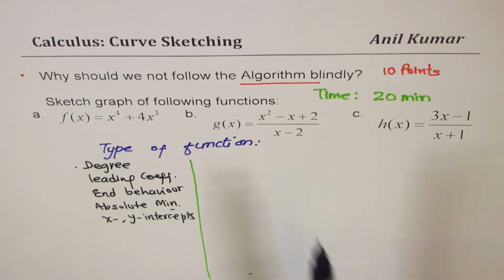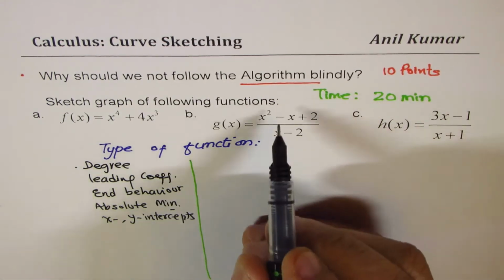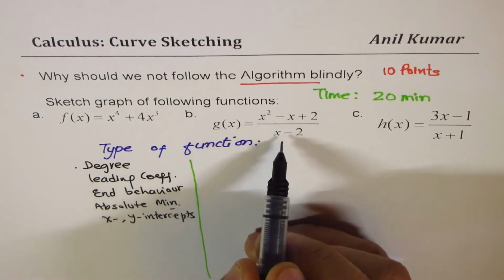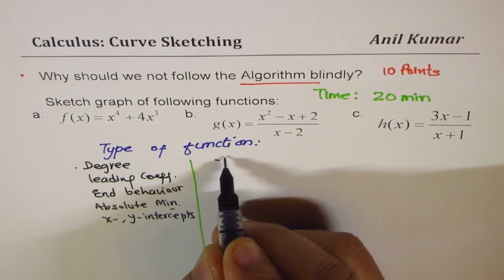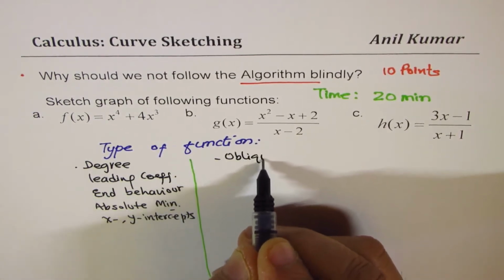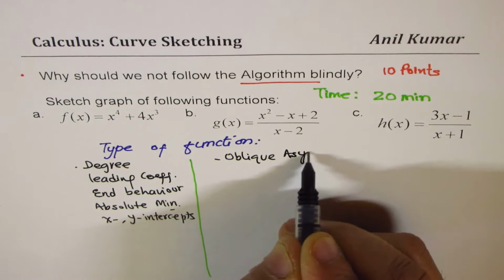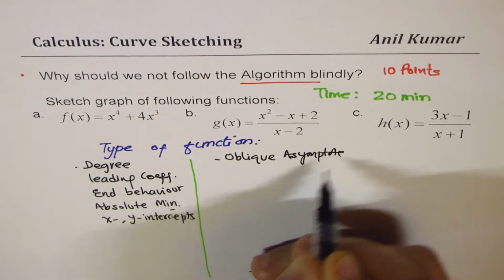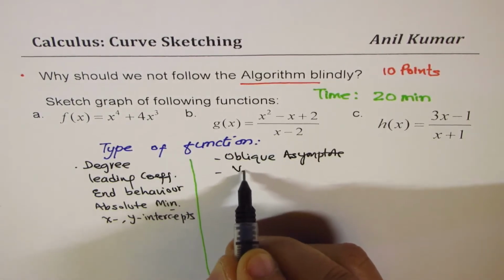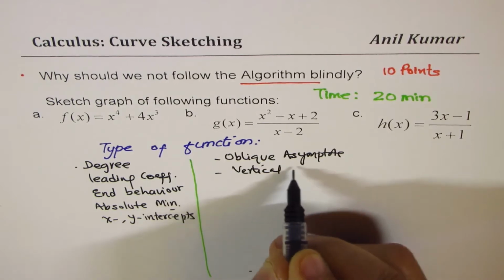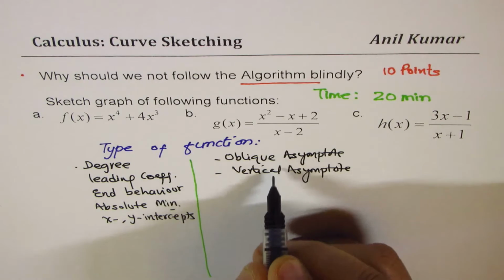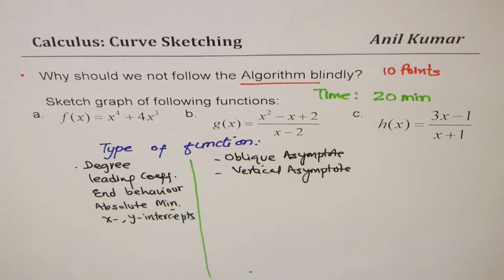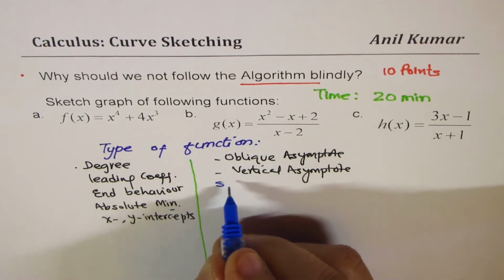Now if I look at this, since the degree of the numerator is higher than that of the denominator, the point to look into is the oblique asymptote. And this gives you the vertical asymptote, right? Now those are critical and they actually provide you with the structure of your curve, right?